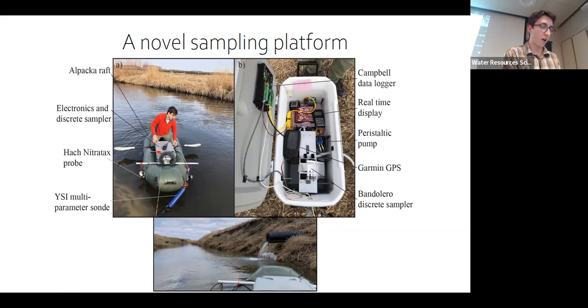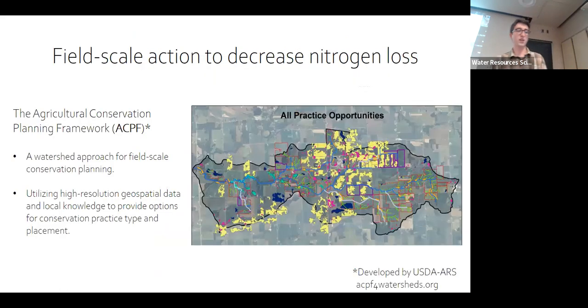And I want to talk a little bit about the motivation for the work and why we wanted to develop this sort of system. So, one of the ways to address issues related to nutrient loss from these agricultural systems is to change land management on the farms at the field scale.